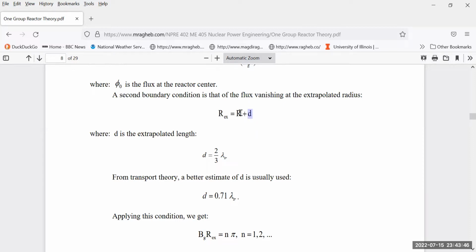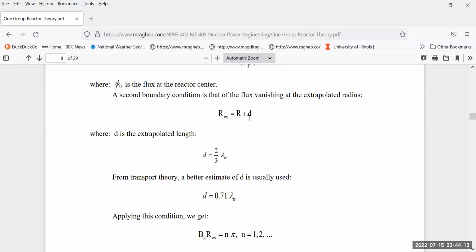So outside the reactor, at a distance r, the radius of the reactor in the spherical form, plus that extrapolation length, the flux should be equal to 0. We calculate this from a more advanced transport theory as 2/3 of what we introduced earlier as a transport mean free path. Some people even take it as 0.71 as an approximation.